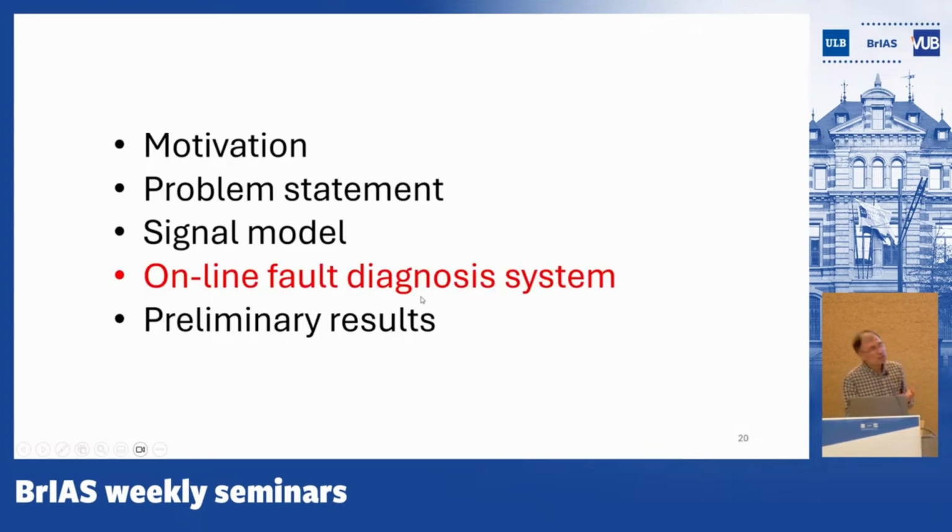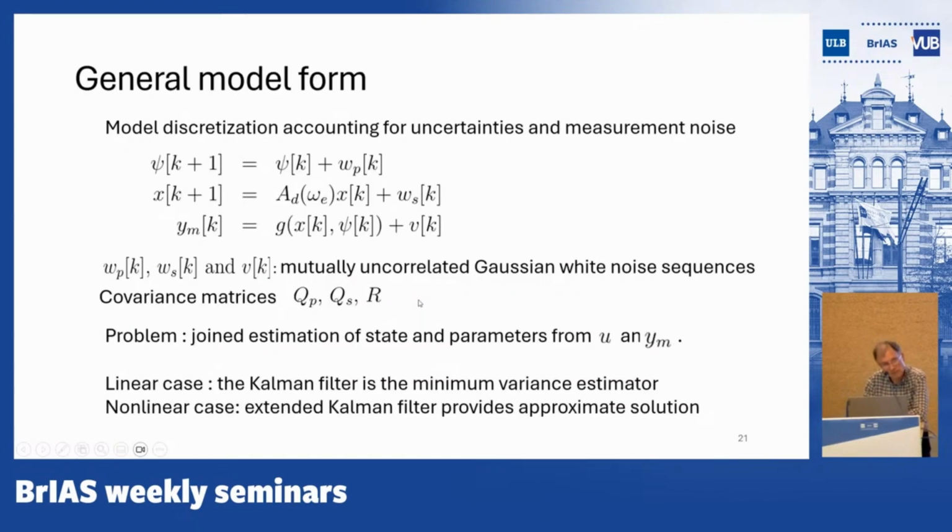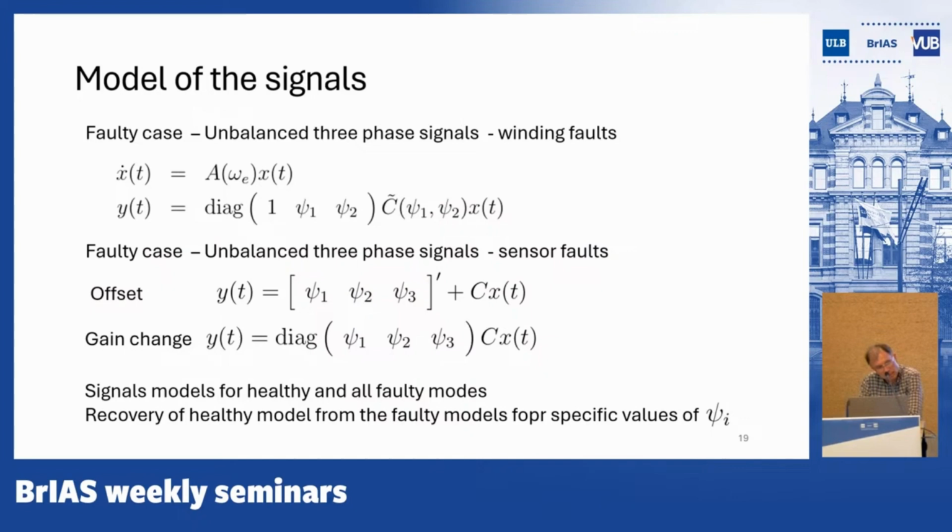So this brings us to the design of the online fault diagnosis system. The equations that I've just written down, I can formalize a bit more and discretize them. As we have seen, in the faulty case, there are some parameters that are introduced here.